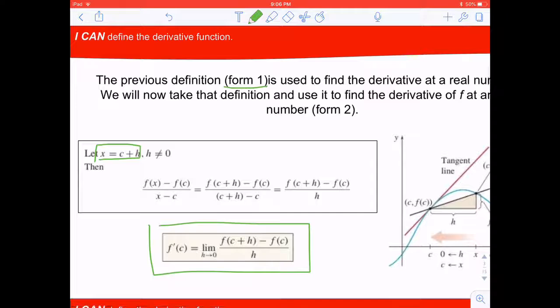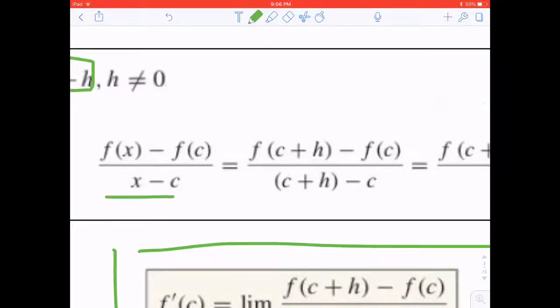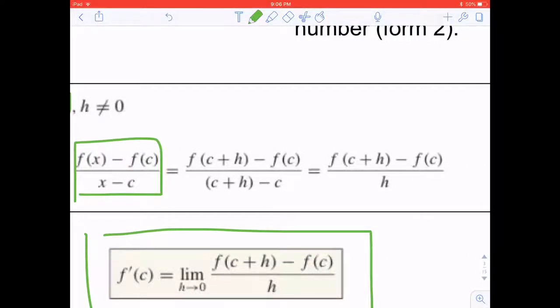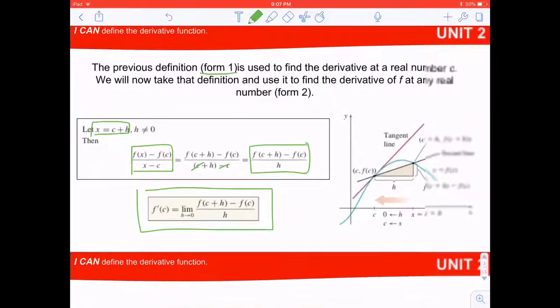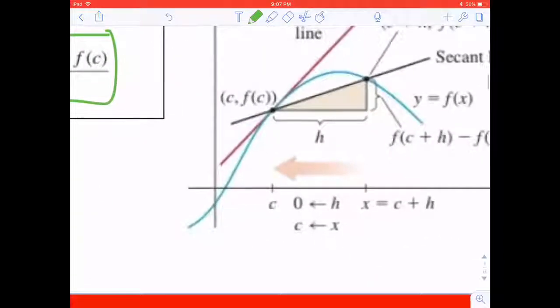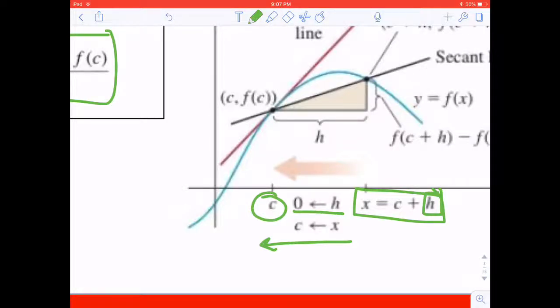And when we do that, it's going to change our slope function here to be f of c plus h minus f of c all over c plus h minus c. And when you simplify it, those c's are going to cancel, and we're left with this function here. And because c plus h is this x here, as it's getting closer and closer to the c value here, this h has to become 0.